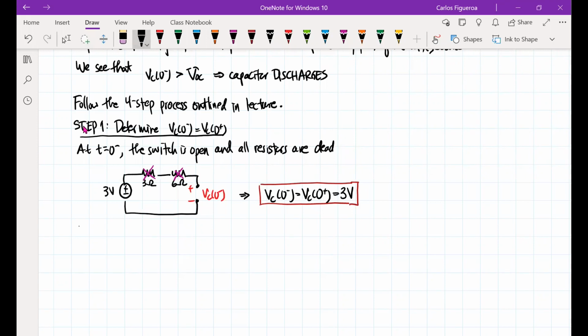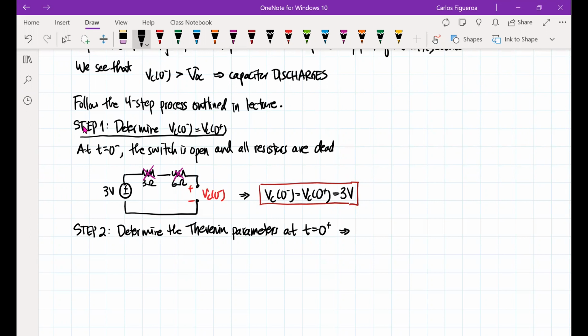Now I'm going to go to step 2, and I'm going to determine the Thevenin parameters at t equal to 0 plus.